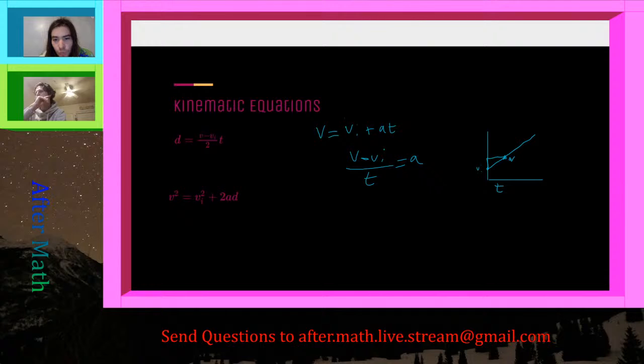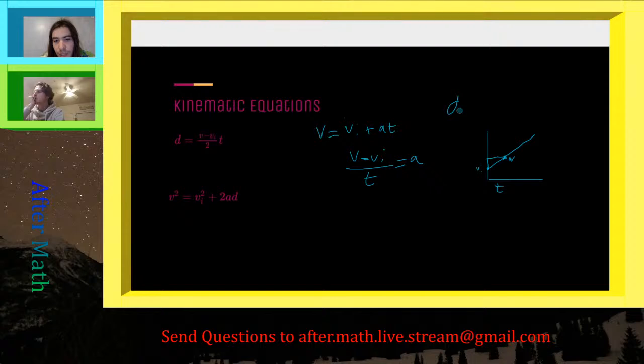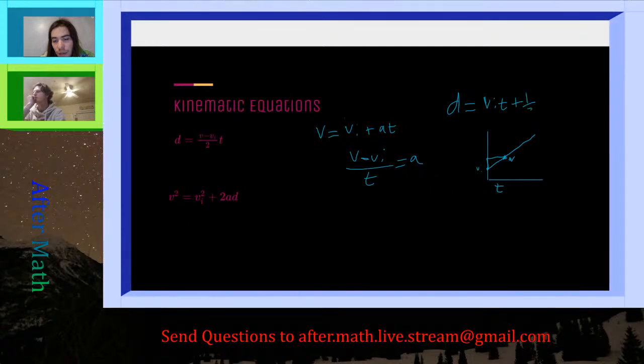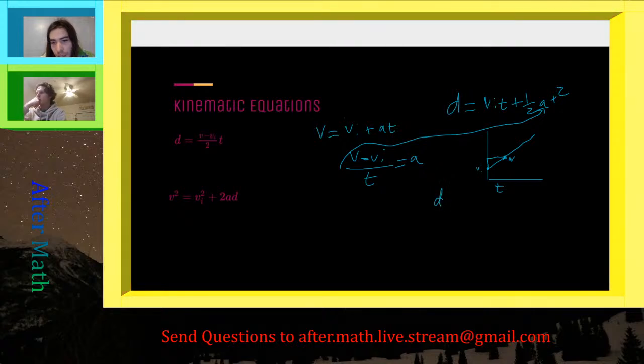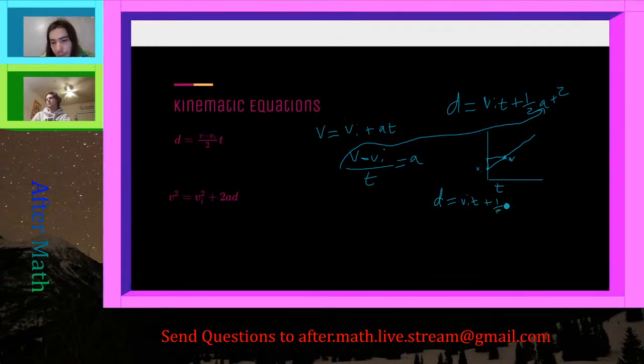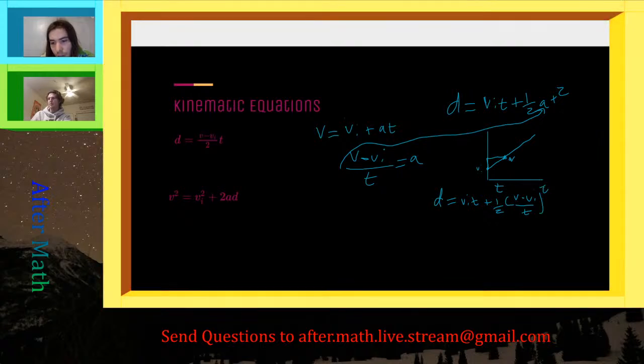And then from there, we can plug it into our displacement equation, which we know already, which is D equals VI T plus one half A T squared. If we plug this into A, what do we get? We get D equals VI T plus 1/2 in parentheses V minus VI over T, squared, and then we can cancel one of those T's with the T down there.